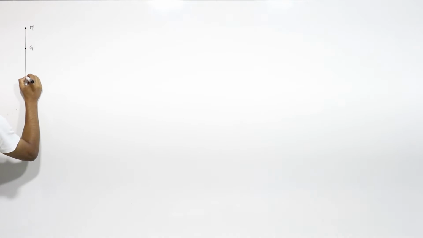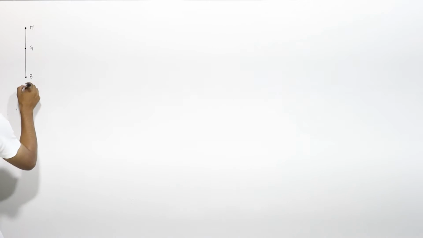Let us suppose this is the line. Let us say this is the point M, that is the metacenter. Here it is your center of gravity, and here it is your center of buoyancy.